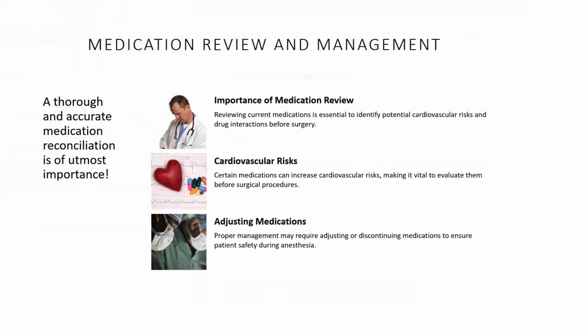One of the things that is extremely useful to us is a thorough and accurate medication reconciliation. It's of utmost importance. The patient today, for example, although when I saw the patient, heart rate was 70 and fine, looking through the records, the patient had heart rates in the 40s and 50s during the hospitalization.